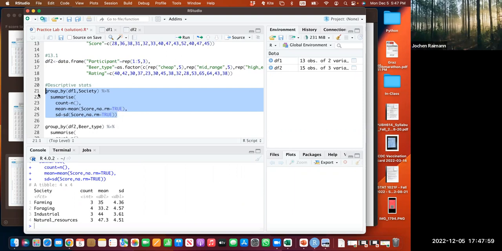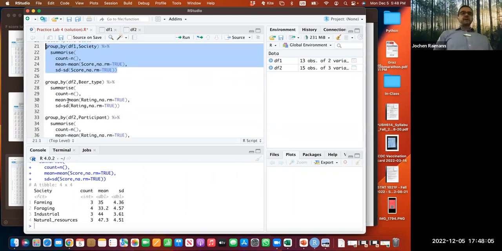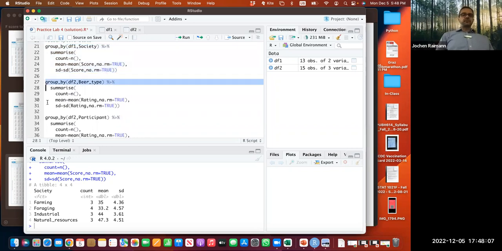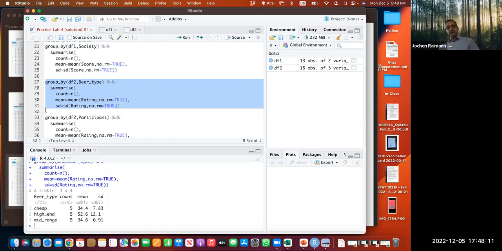Yes, highlight 21 to 25. And then control enter. Control enter, yeah. You can do the same exercise with 27 to 31. You get the estimates that we have calculated for our beers.